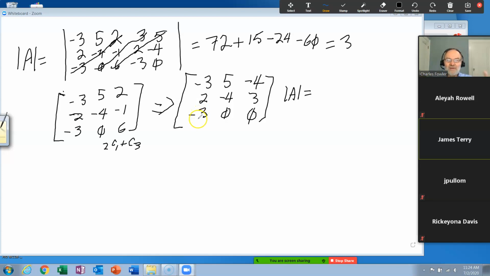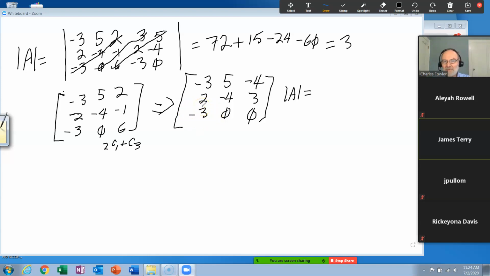Now, you still have to do a cofactor expansion here. So the first question I ask myself, what's the sign of this position? Anyone give me the answer? Not of that number, of the position. What's the sign of that position? A positive.